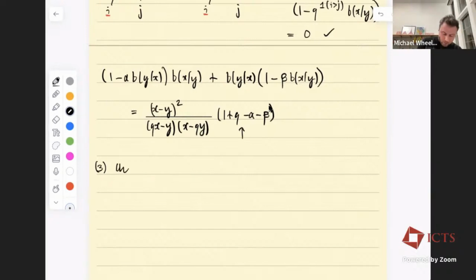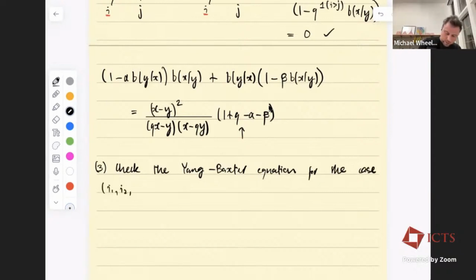So check the Yang-Baxter equation for the case I1, I2, I3, J1, J2, J3 being equal to 1, 1, 0, 1, 0, 1.